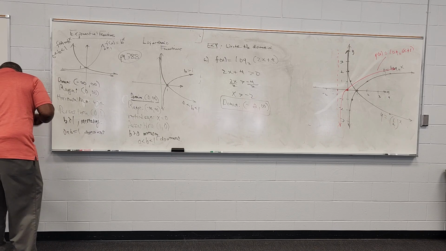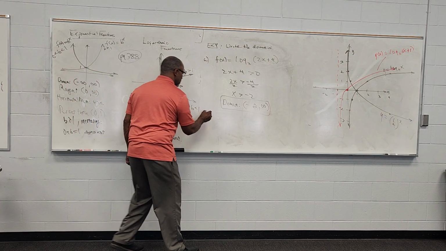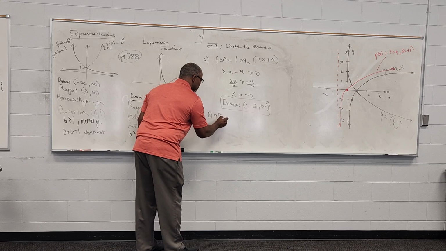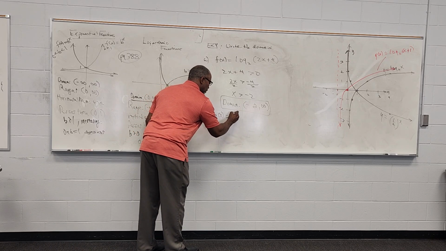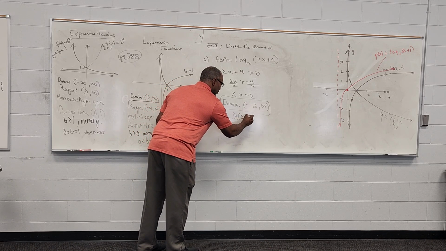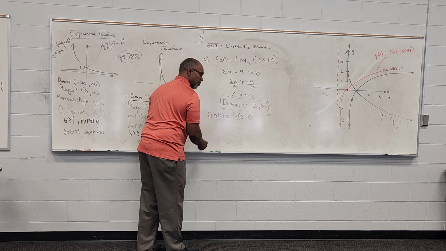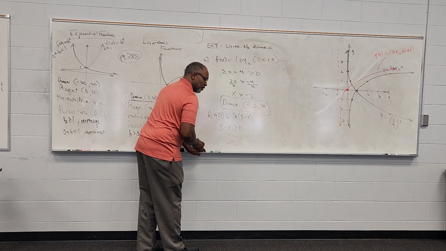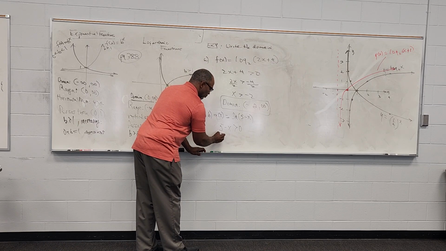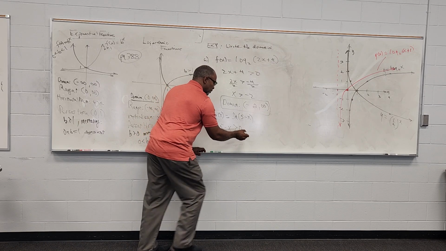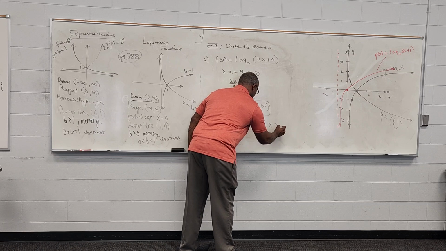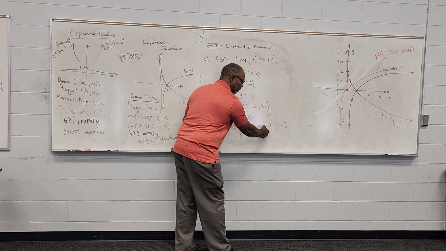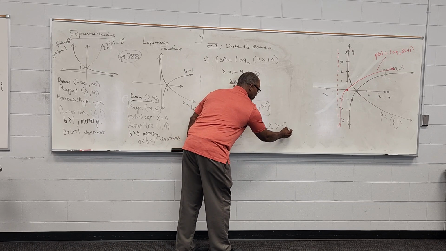Next is g of x equals ln of 5 minus x. Again, that's a log. The stuff you're trying to take the log of has to be greater than 0. Okay? So subtract 5 from both sides. That says that negative x is greater than negative 5. I don't want negative x, I want a positive x, so divide by negative 1.